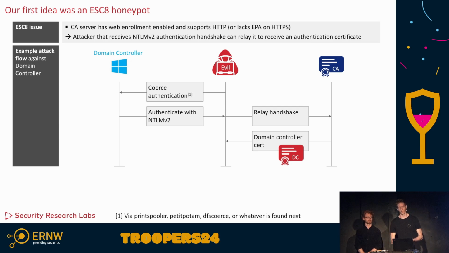But also with HTTPS, there are some misconfigurations that can happen that enable relay attacks. And if an attacker already found a way to coerce authentication with the domain controller, they can use that to forward the NTLMv2 authentication handshake to the CA and then receive a domain controller certificate.